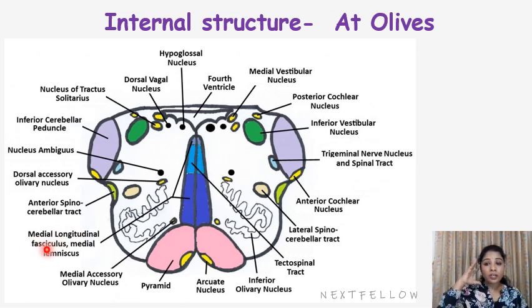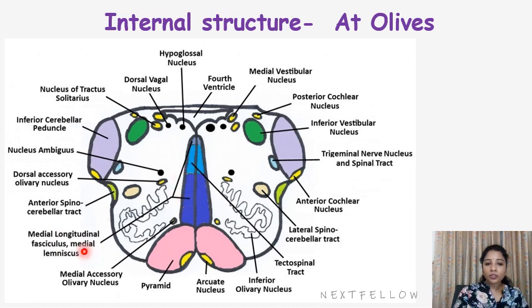So when you hear a loud sound, automatically you will turn your head, that is your 11th cranial nerve is activated. Your eyes will move, because the 3rd, 4th and 6th cranial nerves supply the extraocular muscles, and hearing is by the vestibulocochlear nerve. So all are interconnected with each other by the MLF.